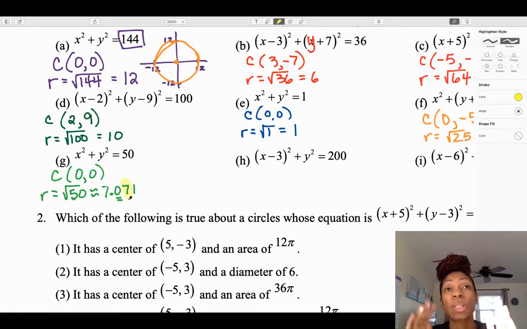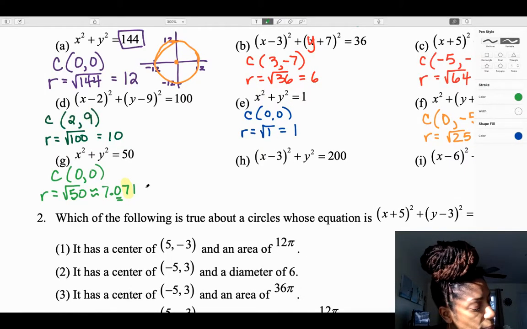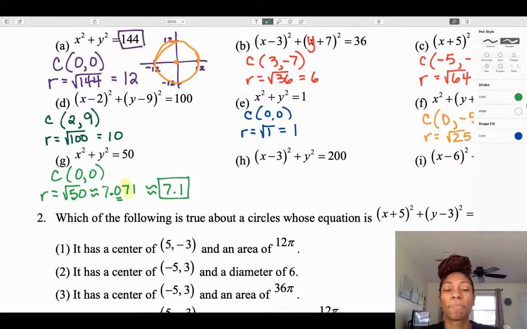It's definitely closer to 0.10. So when we round, the final answer is approximately 7.1. That's the radius.